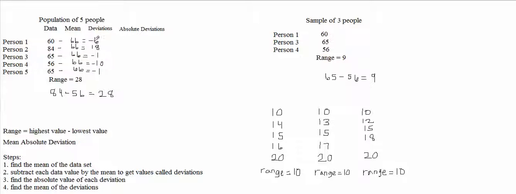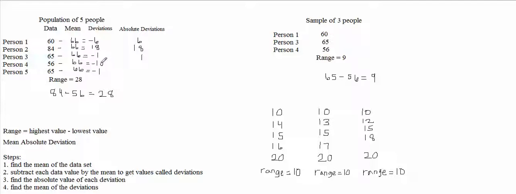The absolute value of negative 6 is 6 because to get the absolute value of a negative number, you just take the number and leave off the negative sign. This value is 18, which is a positive number. If it's a positive number, it just stays the way it is. So it'll just stay 18. Negative 1 becomes 1 when we leave off the negative sign.